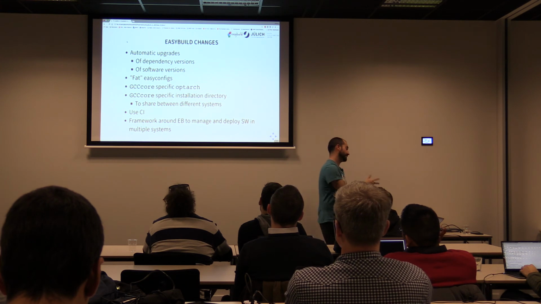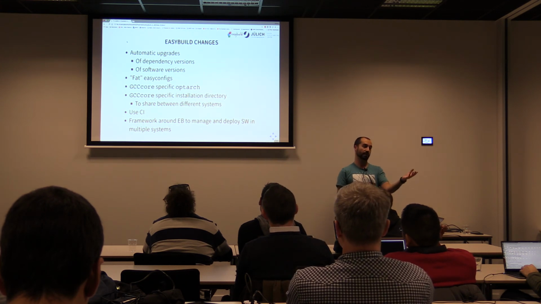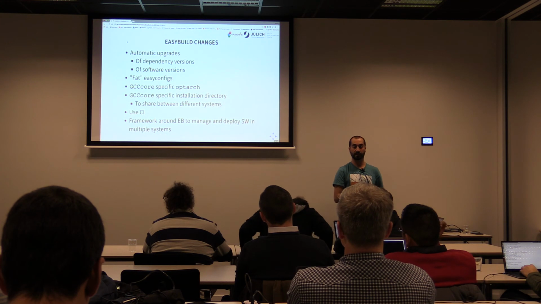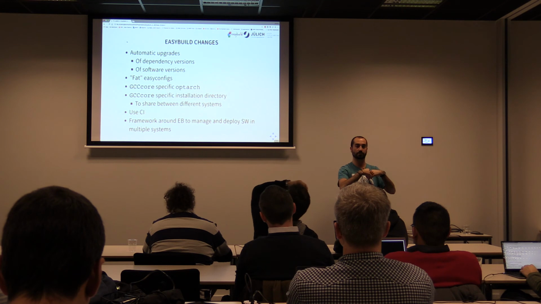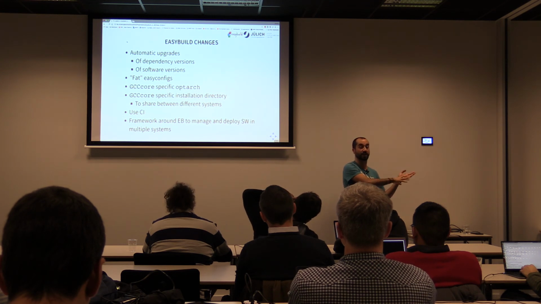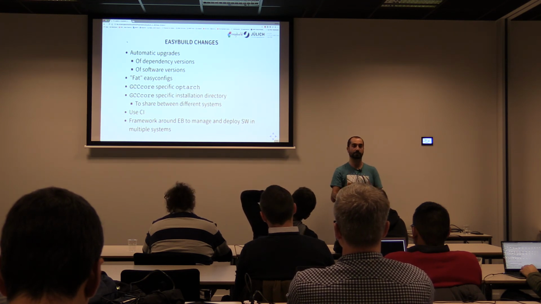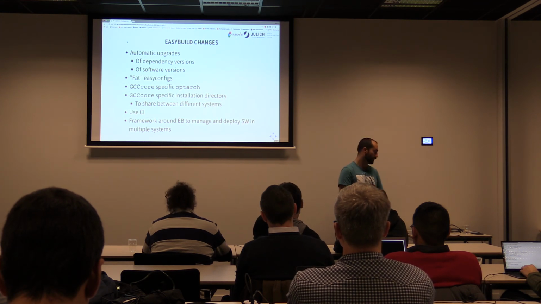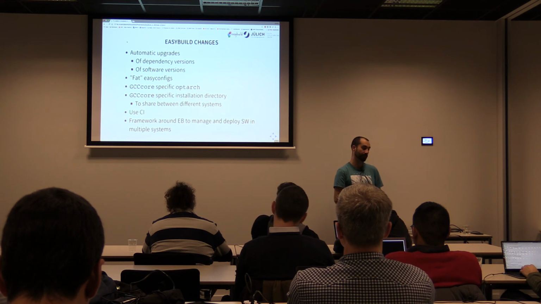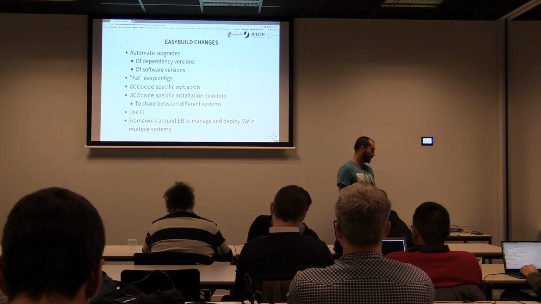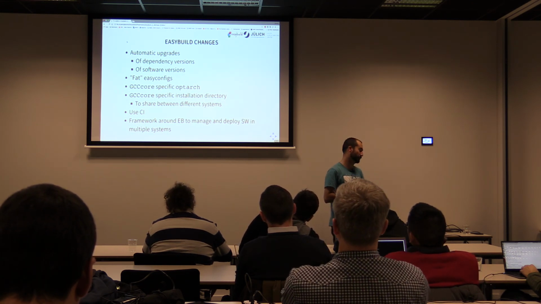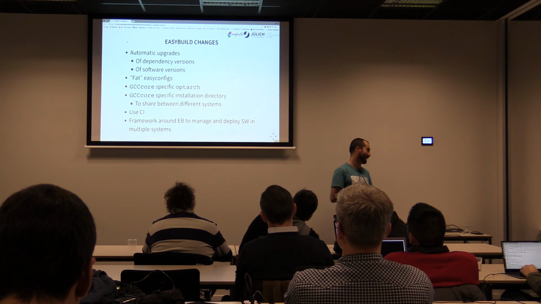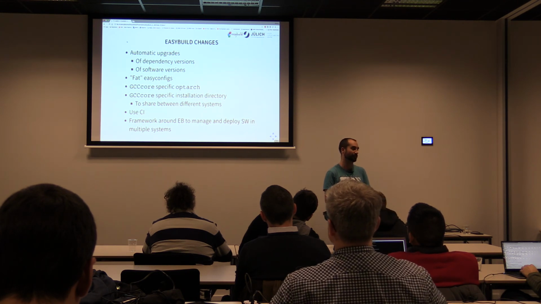What these two things essentially mean is, one thing was what Kenneth was mentioning in the morning: being able to go upstream, to the website of whatever software package, and check if there's a new version, and do that automatically instead of manually changing your EC configs, which is tedious work that could in principle be automated. I'm not sure it can be in real life, but that's something we should explore.